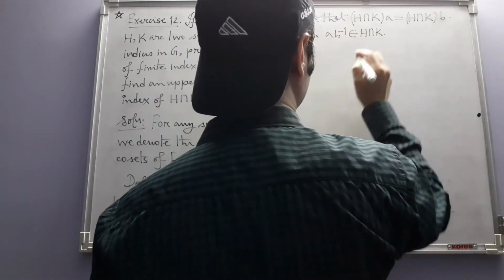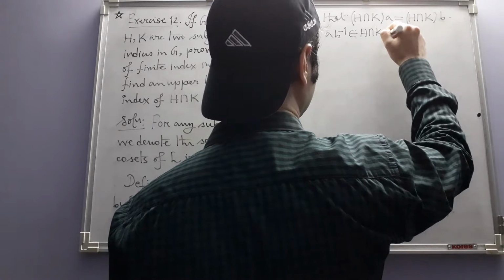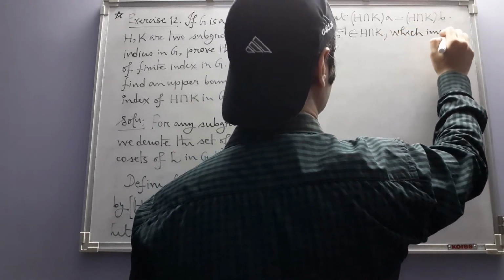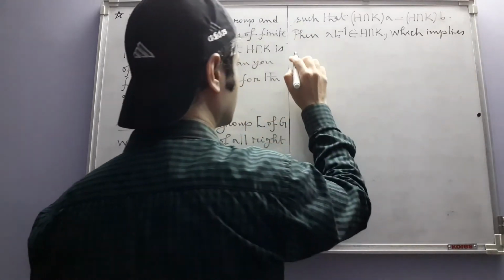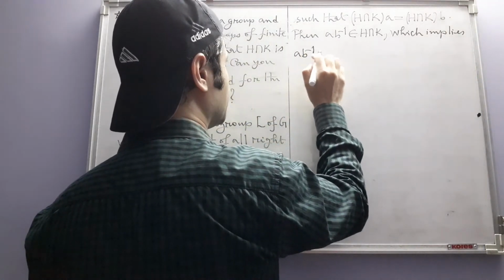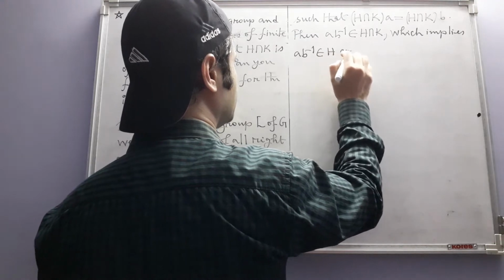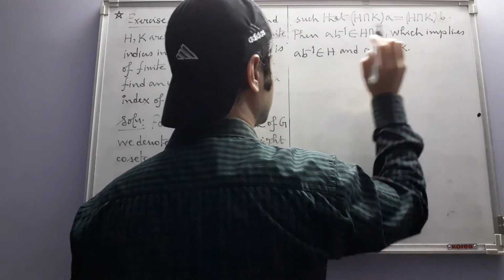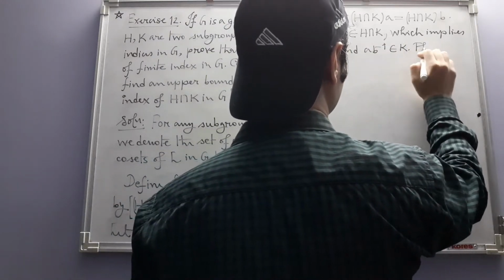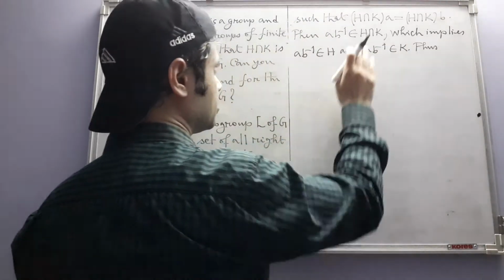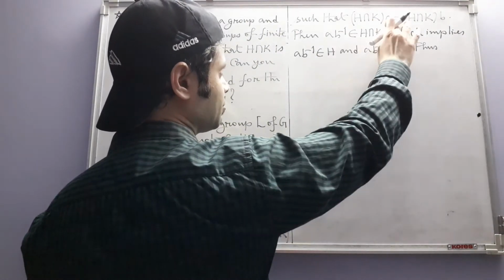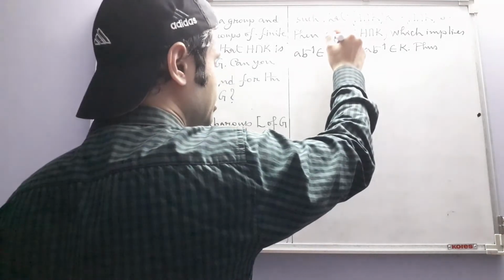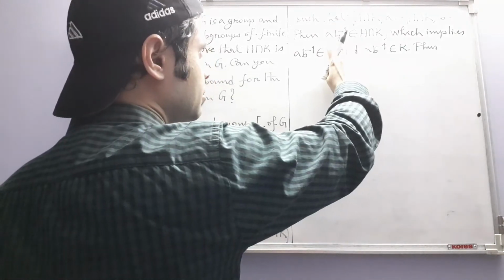So AB inverse belongs to H intersection K, which implies AB inverse belongs to H and AB inverse belongs to K. Thus, just like we can conclude this one from this one, we have seen in that previous exercise, which one I don't exactly remember.